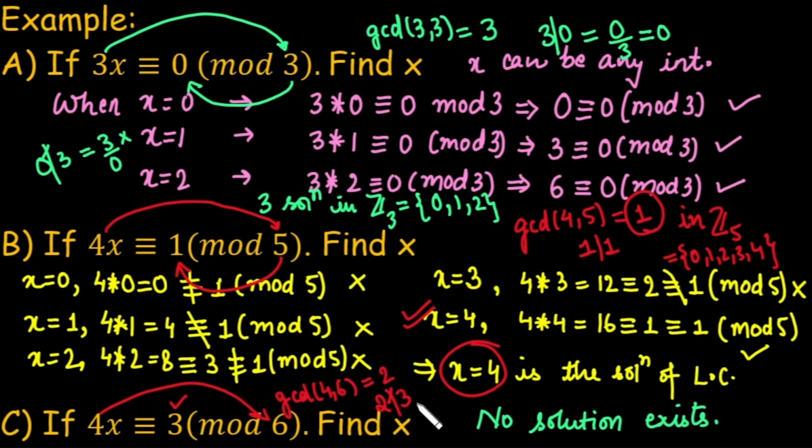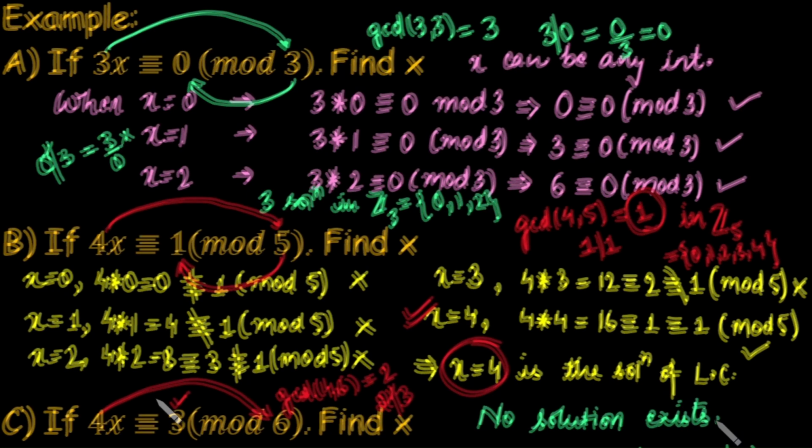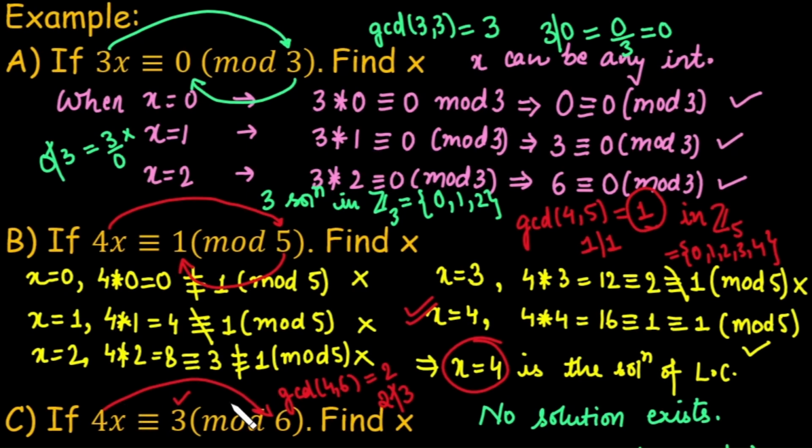No. As 2 does not divide 3, it has no solution in Z6, or we can say it has no solution in the whole set of integers. With the help of the theorem, we can see that in the third case there is no need to waste our time. First, we just need to check whether a solution exists. If yes, then we will find it. Otherwise, by the theorem, we can directly say that no solution exists.